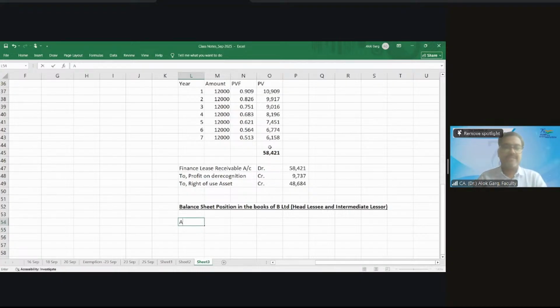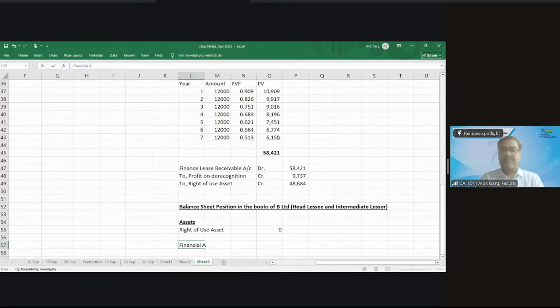Assets on the asset side. Right of use asset. Whether right of use asset will be there in the books of B? Answer: No, sir. It is already derecognized. Zero. Then after right of use asset, what next? Financial asset.